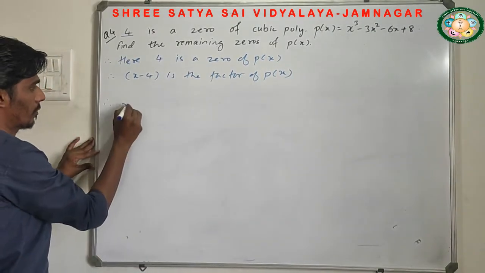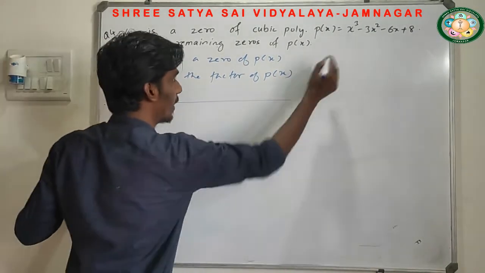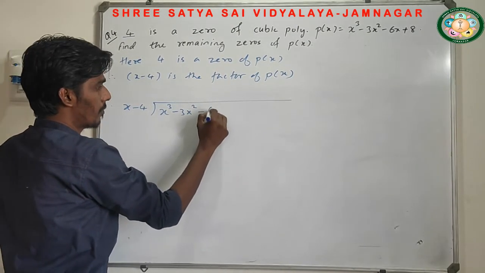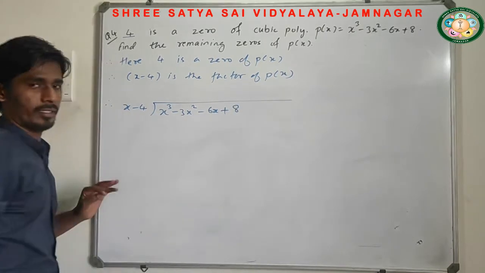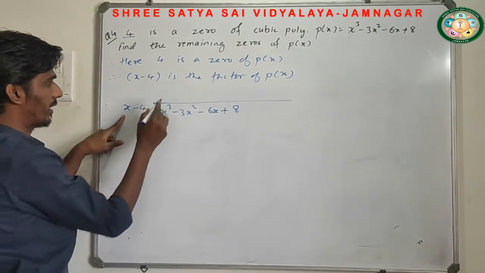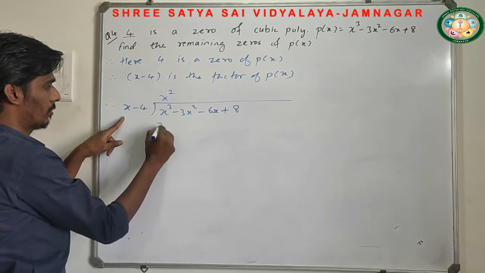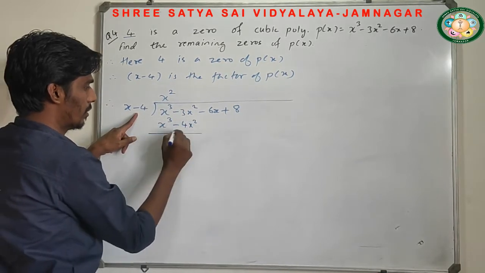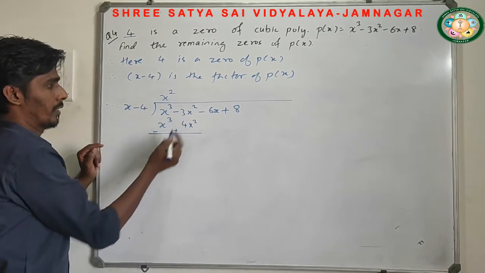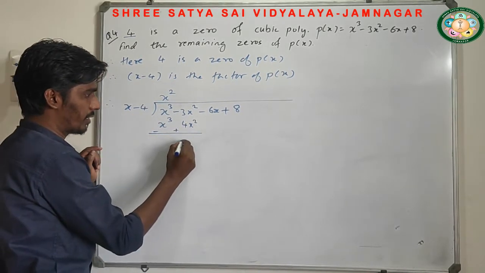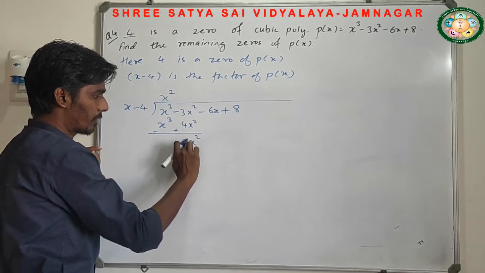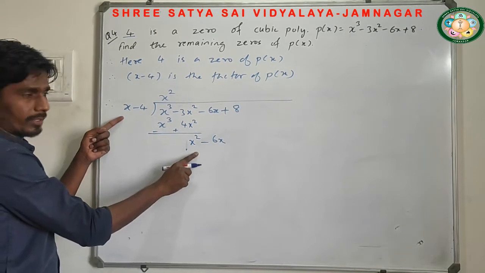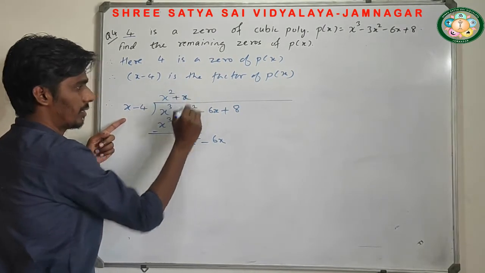So therefore x minus 4 divided into x cube minus 3x square minus 6x plus 8. So from x I have to get x cube, so it's x square. Minus plus minus 4x square. Change the sign, so minus plus minus, greater number sign, so it's only x square minus 6x. From x I have to get x square, so it's plus x.